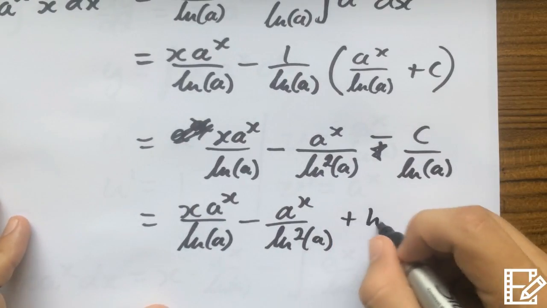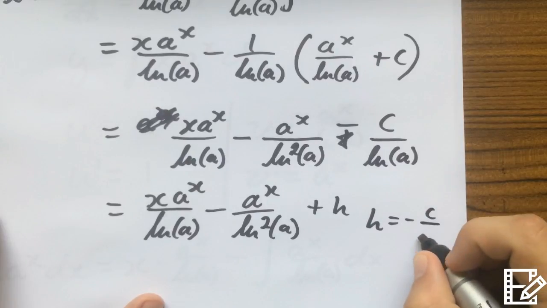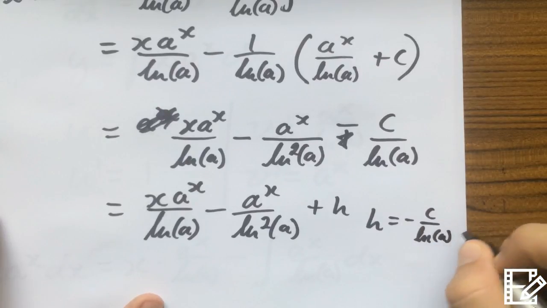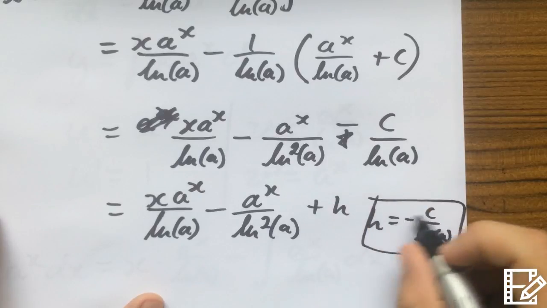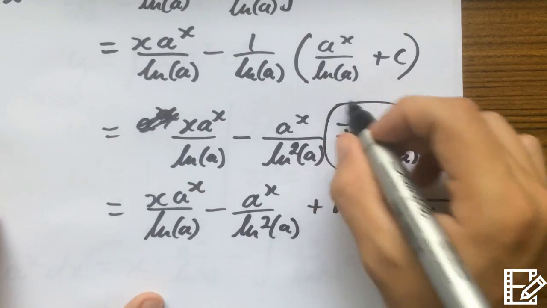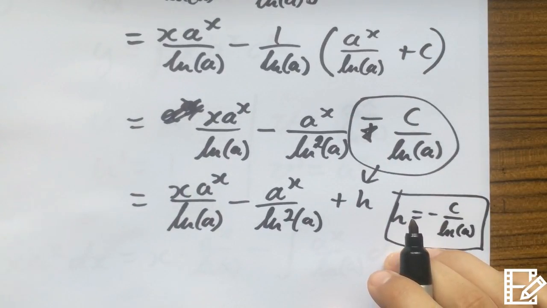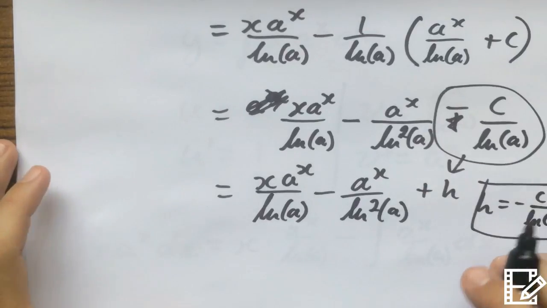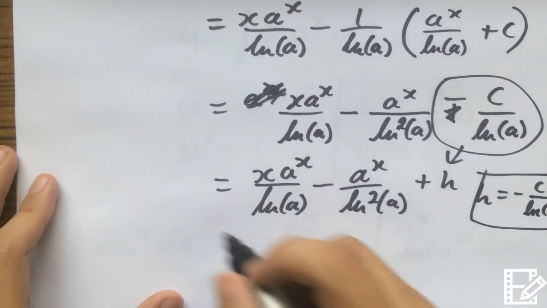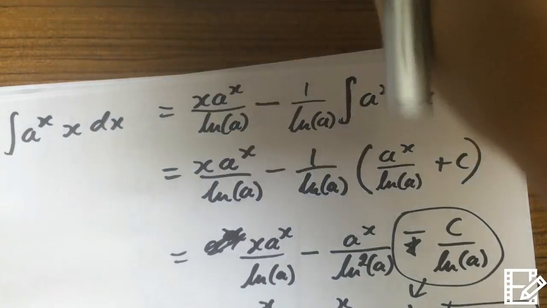And I'm going to say plus h, only because I'm going to make h equal negative c over ln of a. Because I said this here equals that. Now, technically this is done, but if I wanted to simplify it further, how would I do that?